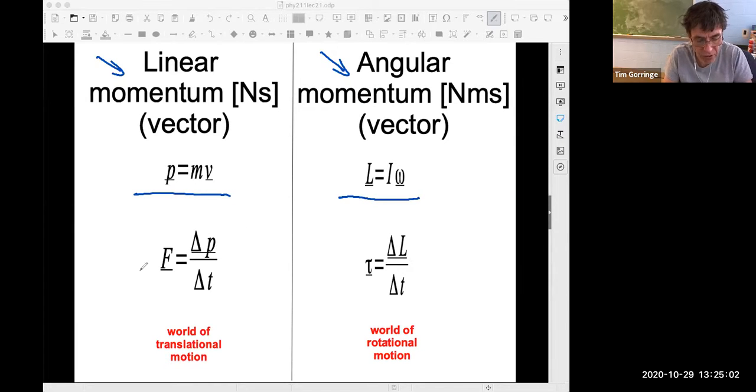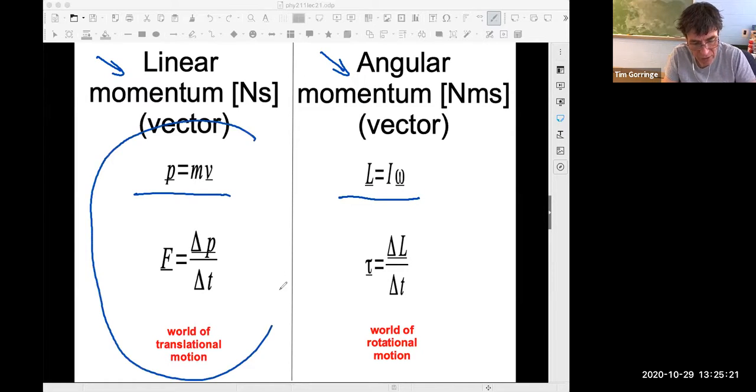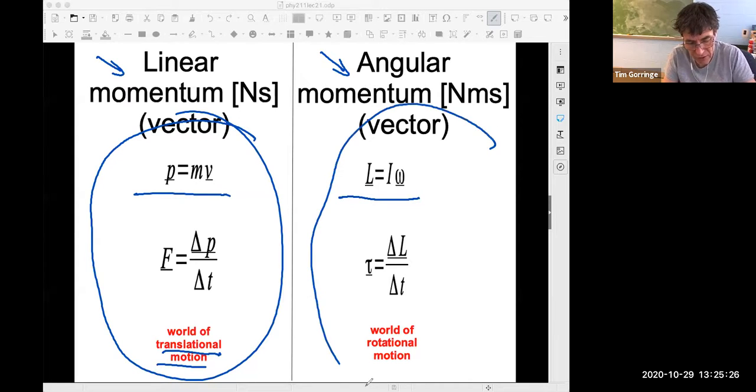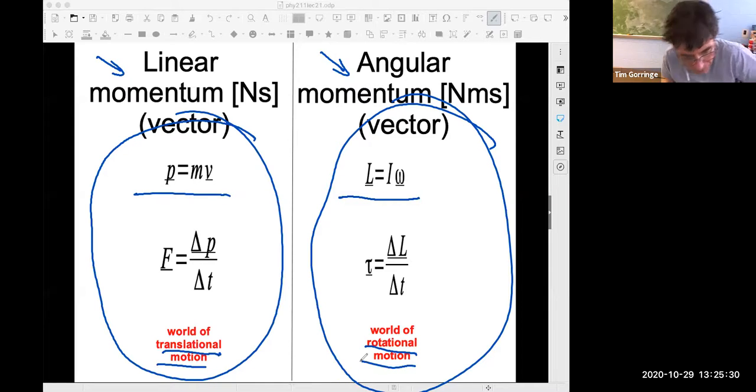And what forces do and what torques do is equivalent. The relationship between forces and change in linear momentum is the same as the relationship between torques and change in angular momentum. So these equations are the same in the world of translational motion as in the world of rotational motion.